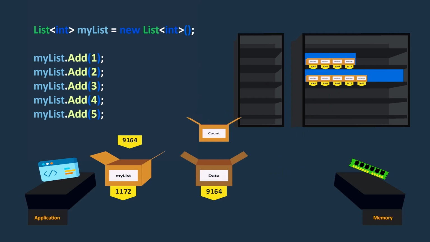Now, the count becomes 5. And the capacity increases to 8. Also, items point to the first element of the new array.